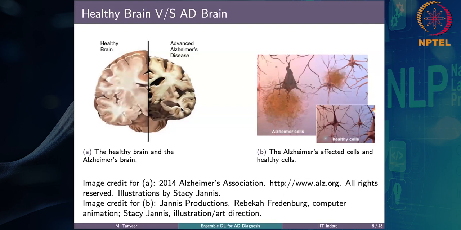A clear visualization is presented between Alzheimer affected cells and their healthy counterparts. The distinctive feature highlights the structural difference, providing visual insight into the impact of the disease on cellular health. This visual representation is a valuable tool for understanding the cellular changes associated with Alzheimer's disease.